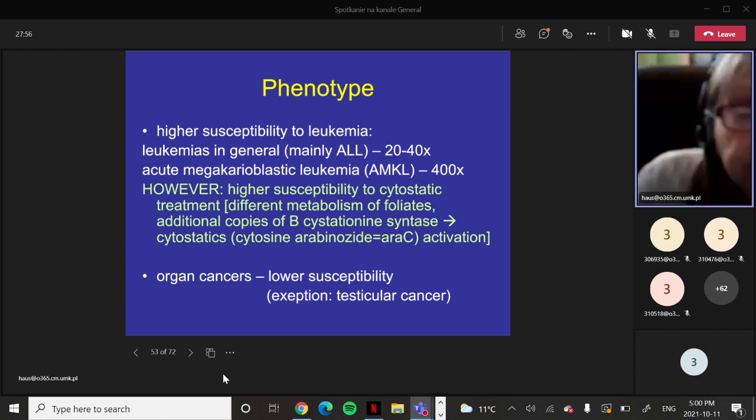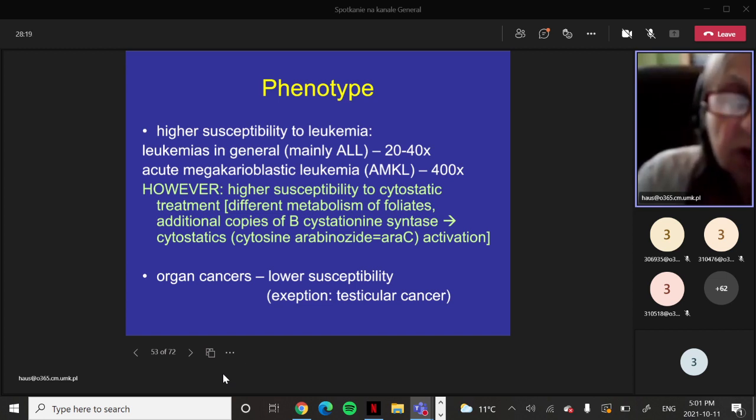And many years ago, children with Down syndrome who had leukemia died not because of leukemia, but because of cytostatic treatment, because they were very susceptible to this treatment.